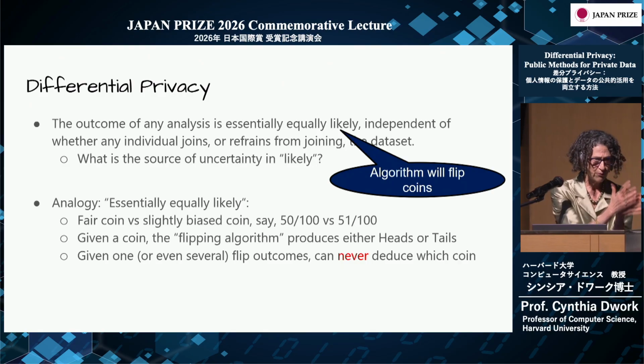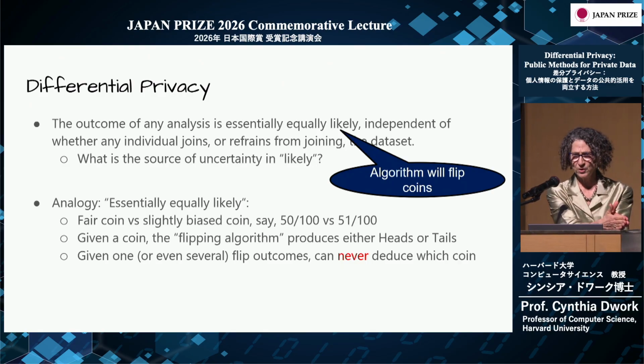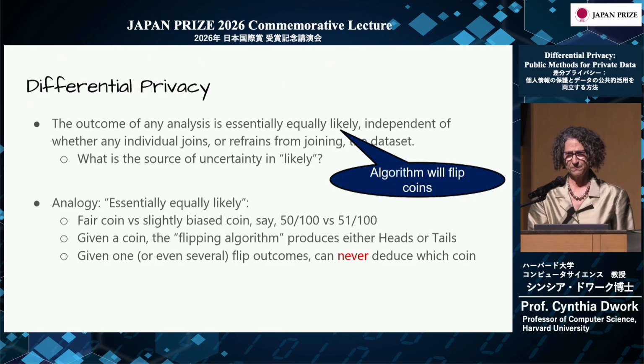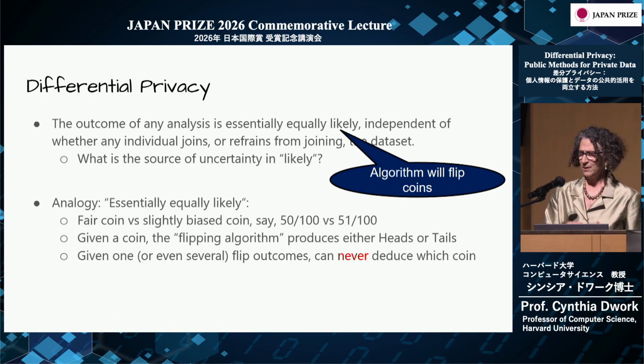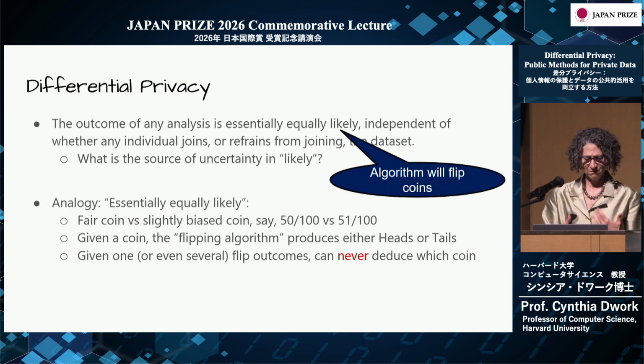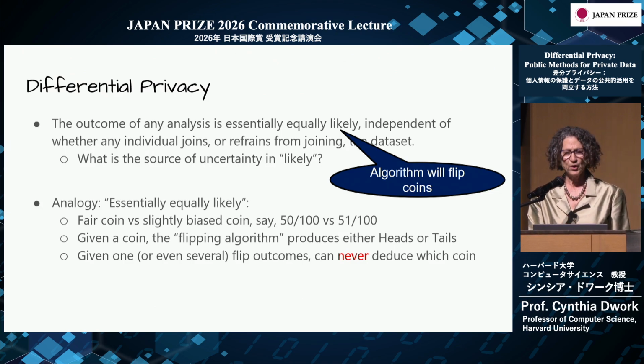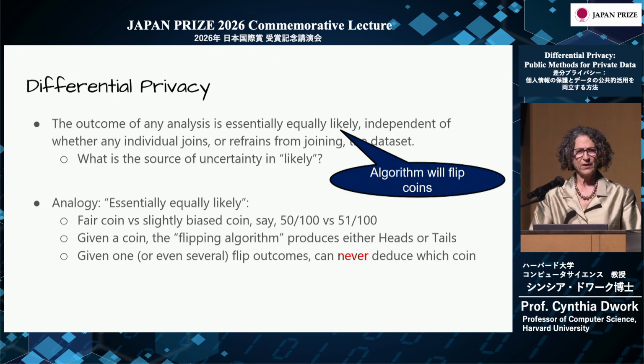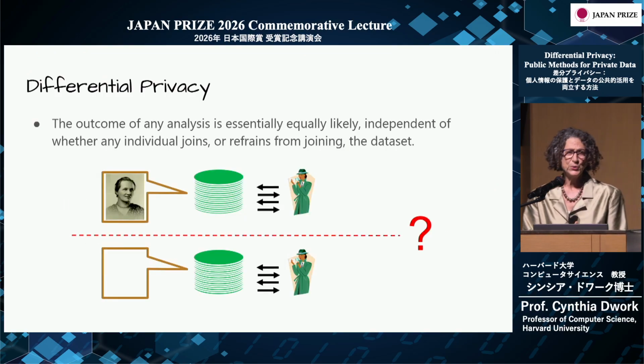You know it's either a fair coin or 51 over 100, but you don't know which one I've chosen. And I flip the coin, and we get an outcome. So given one or even several flip outcomes, you can never have confidence in terms of figuring out which coin I actually flipped, because the outcome was essentially equally likely in the 2 cases. So here we have 2 data sets.